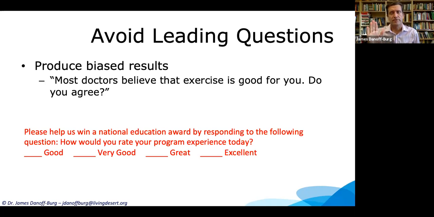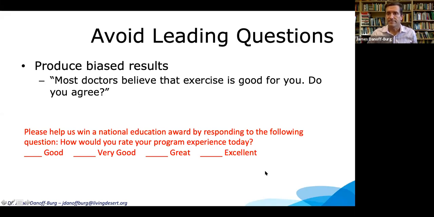Very simple. Then there's another aspect to this item that is also leading, which is the options. It goes from good to very good to great to excellent. That is a leading set of answers that people could select between. There's no bad or even okay or very bad or poor, right?